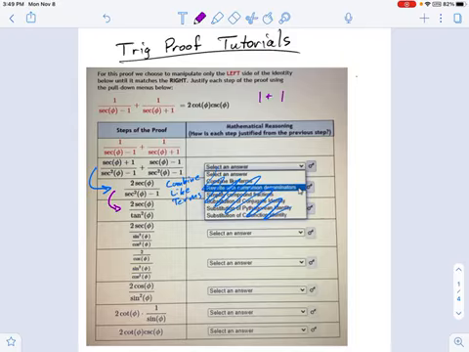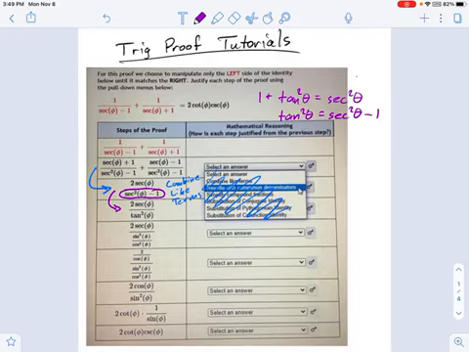If you remember this equation, it's 1 plus tangent squared of theta equals secant squared of theta. And look what we have here, secant squared minus 1. Okay, right here, that's what I'm looking at. So secant squared minus 1, that's just equal to tangent squared.